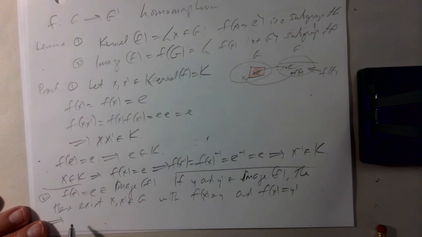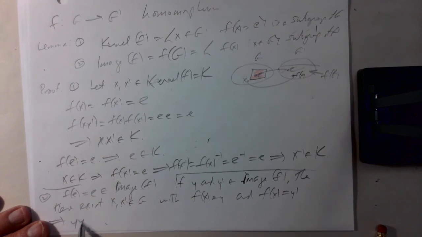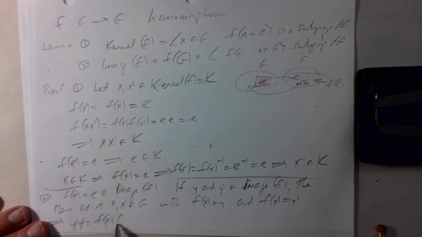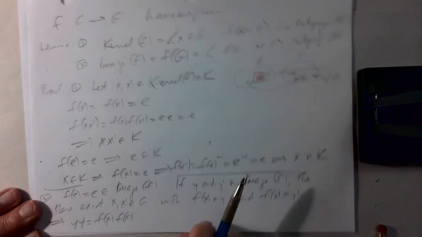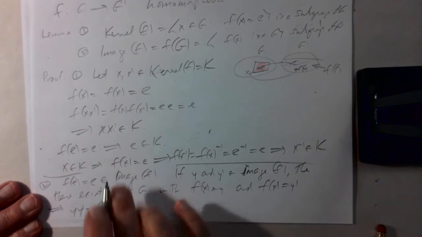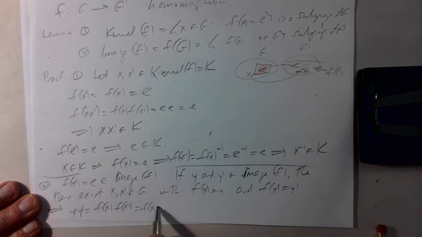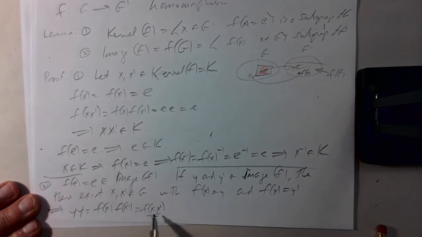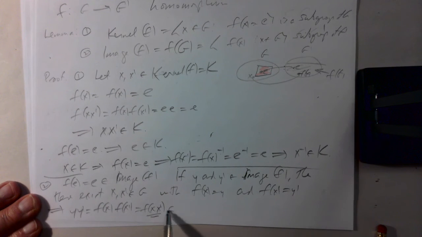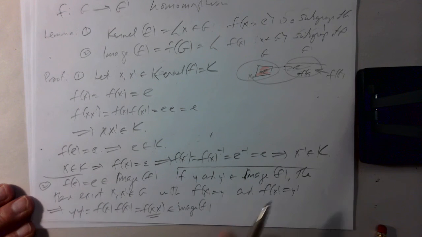Which means y times y prime is f of x times f of x prime, but because f is a homomorphism, this is f of x times x prime. So the product of those two elements is in the image of f.